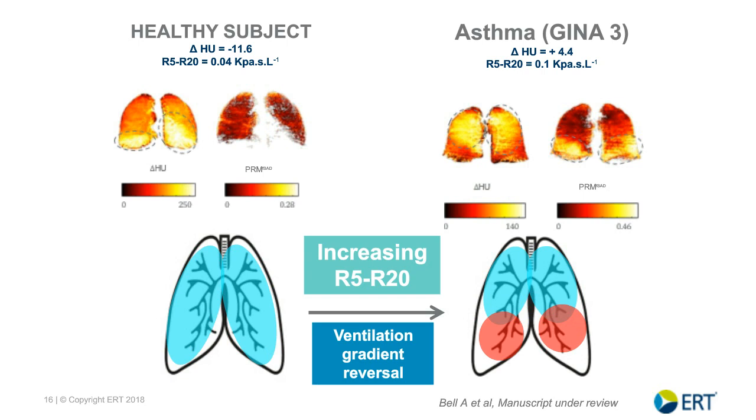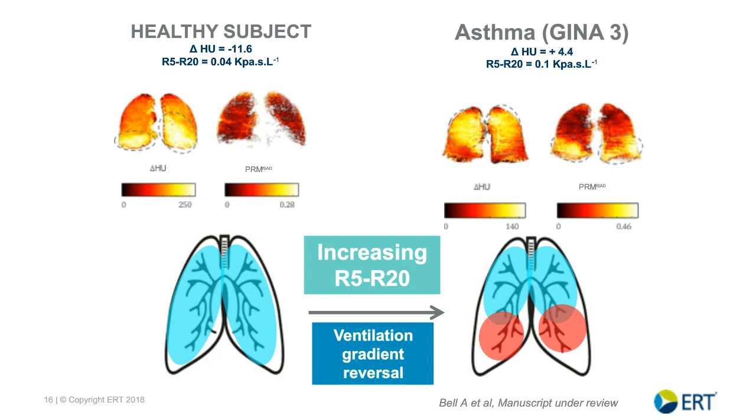And you can see that there are very low levels of functional small airways disease. It's all blacky, dark orange, and it's evenly distributed in the lung. And this patient has a normal R5 minus R20, and if you look at the gradient of del-HU from the bottom to the top of the lung, which is that thing right at the top, del-HU with a negative integer, you can see that the ventilation is increasing from the bottom to the top.